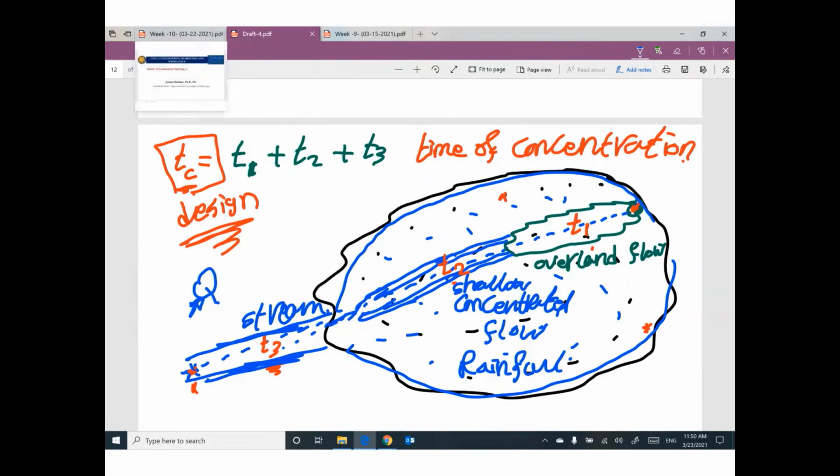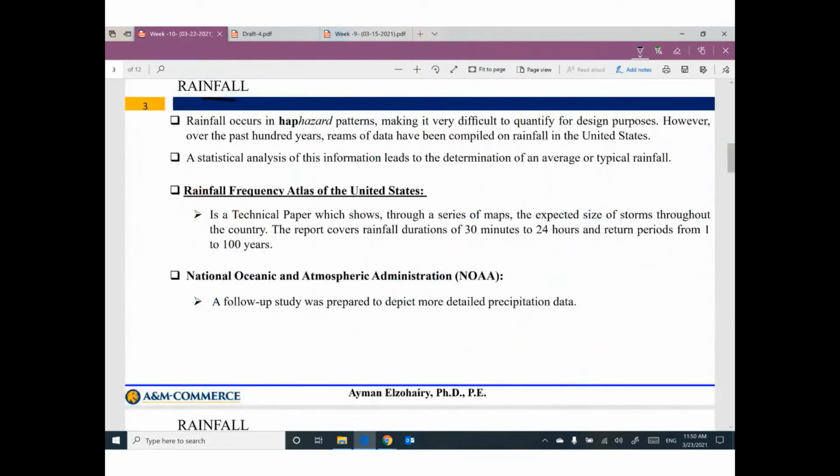So before starting to figure out what is the value of Q, we need to understand more information about rainfall. Do you think anybody in this world can expect the rainfall exactly 100% that will happen next week?